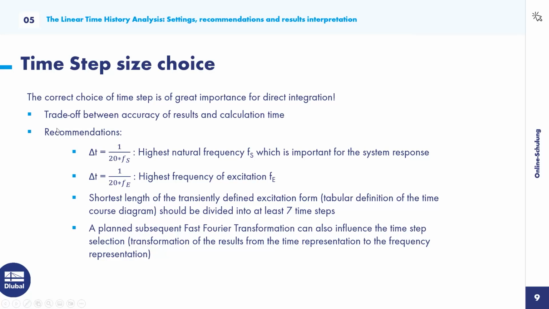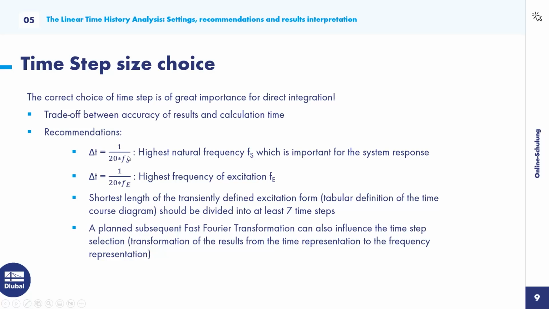Okay, so here there are just some recommendations. If you have a function-based excitation and in general have some knowledge of your frequency structure, I mean, mainly you always do a modal analysis beforehand.